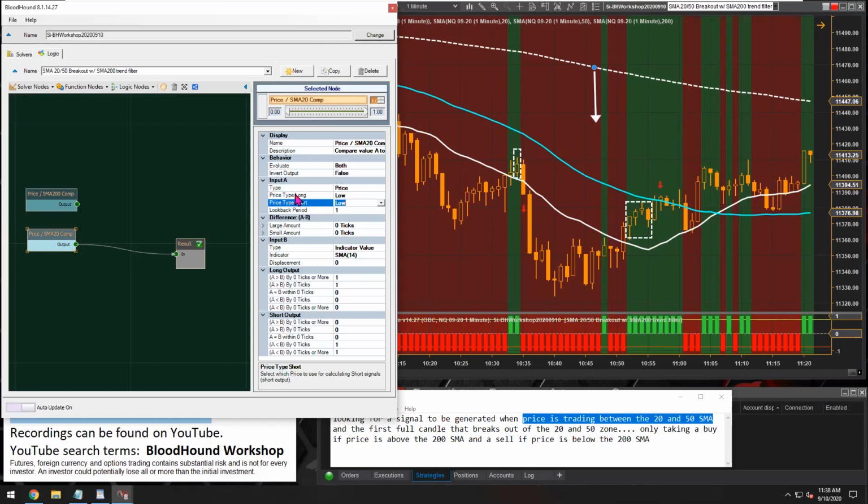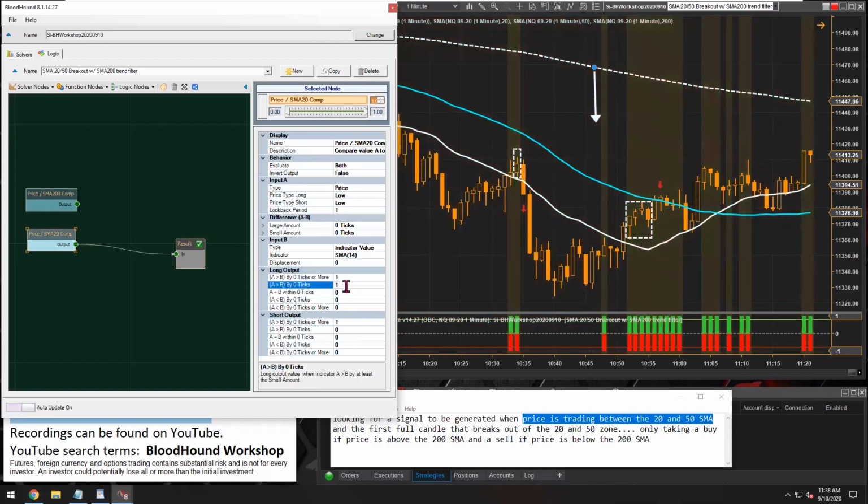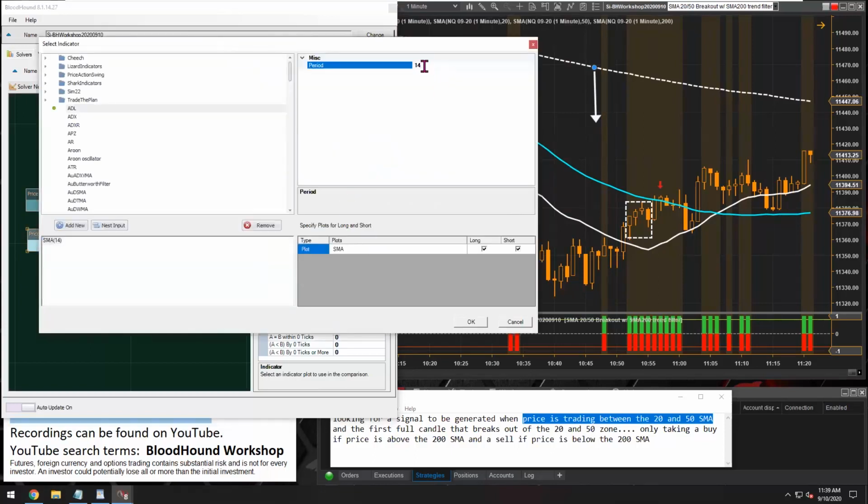All right, so the approach I'm going to take is I'm going to analyze the low price of the bar for one of these comparison solvers, and then I'll have another comparison solver that's going to analyze the high price of the bar. Input B here, I need to change that to the 20 period SMA.